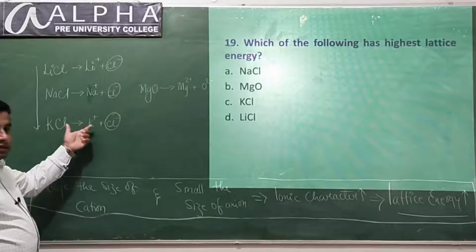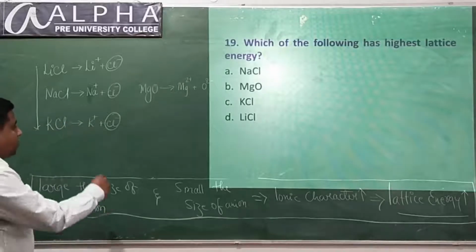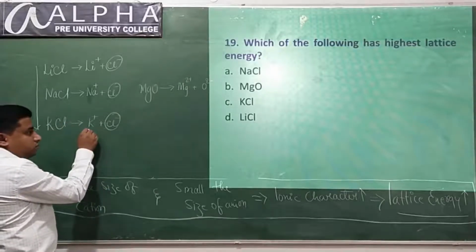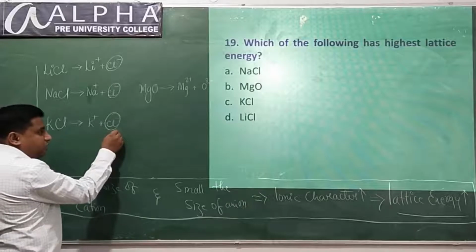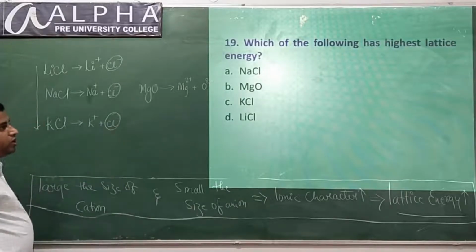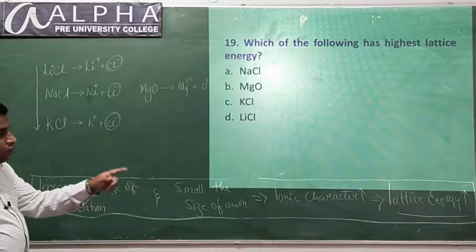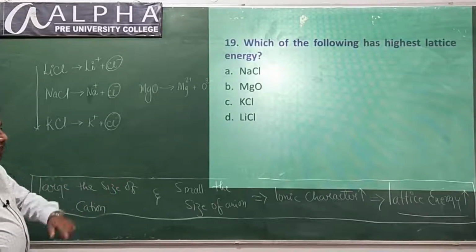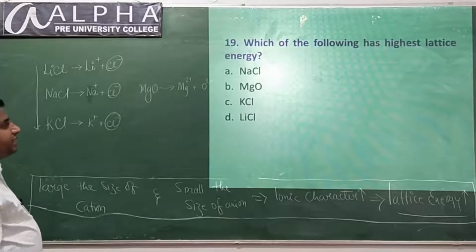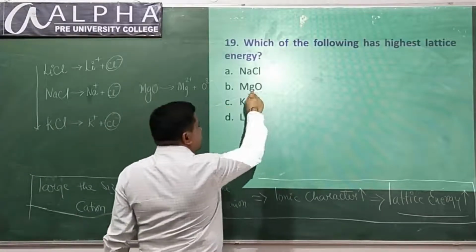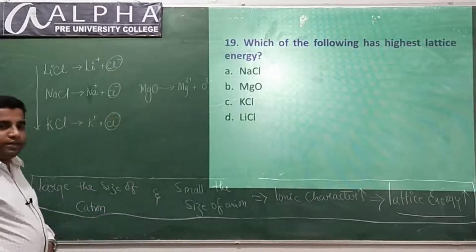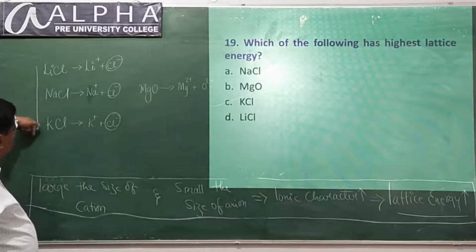So, higher the size of cation, smaller the size of anion, more will be the ionic character. More the ionic character, more is the lattice energy. Hence, lattice energy is highest for potassium chloride.